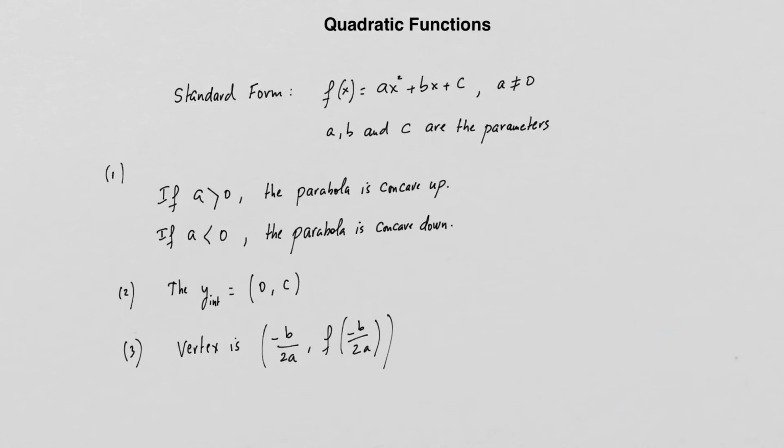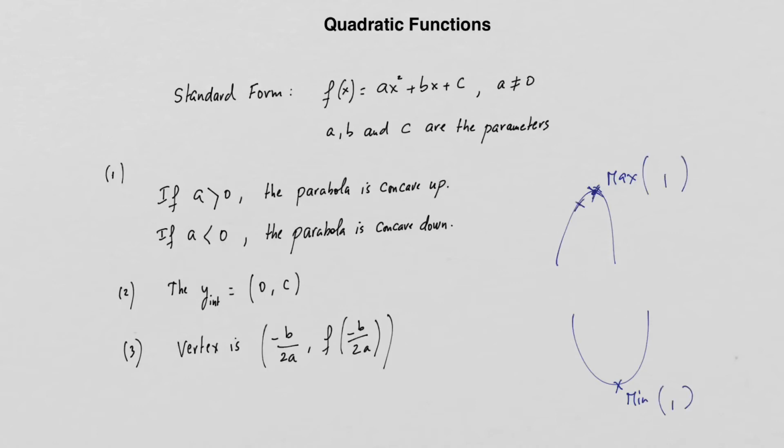Now let's go to the third piece. The third piece is going to reveal something about b, but it will also reveal something about a. And this is probably the most important point. It is a point, okay? It's called the vertex. The vertex is the highest point or the lowest point of my parabola. This is called the maximum, and this is called the minimum. It is extreme.